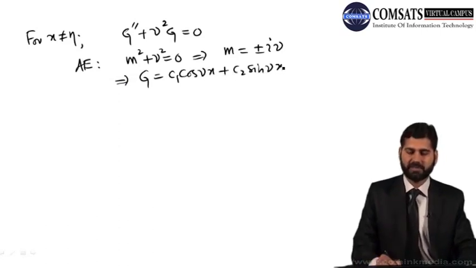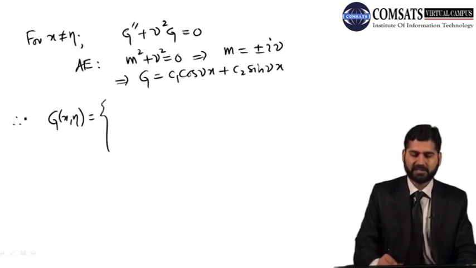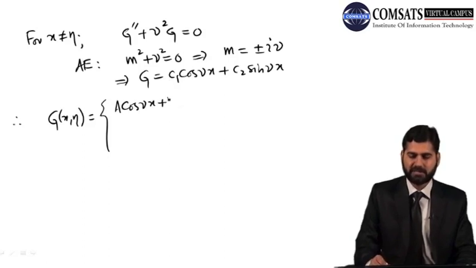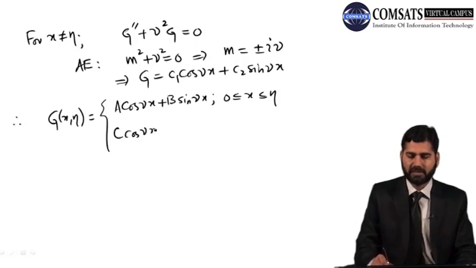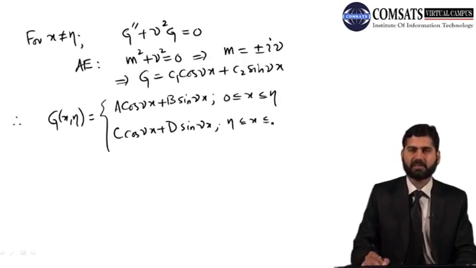So we can define g of x, eta in piecewise form by giving different names to the constants: a cosine nu x plus b sine nu x for x less than eta, and c cosine nu x plus d sine nu x for eta less than x less than 1.